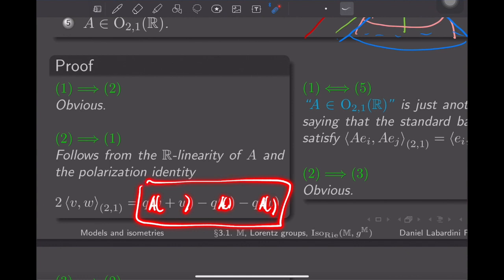And then A is linear, so A here goes inside.